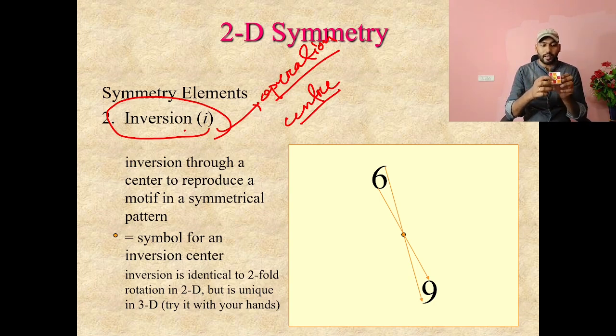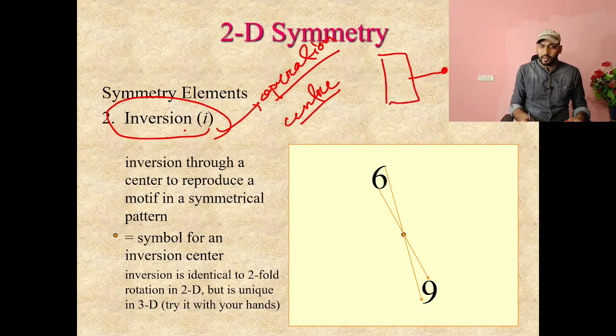Similarly, if there is a face here, then with respect to the center, on the opposite side at equal distance, we must have another face. Then we will call this center symmetric.